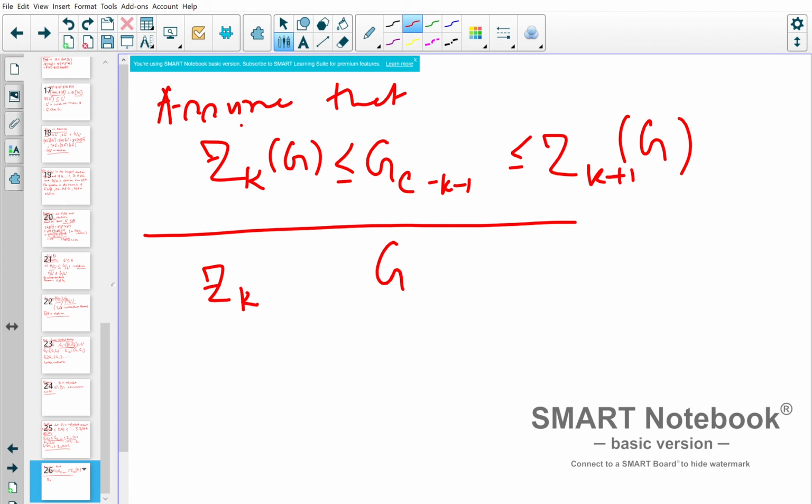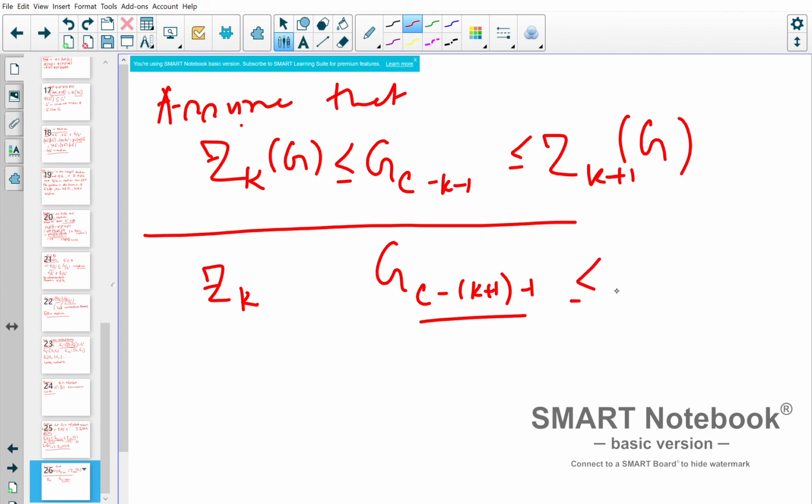So Z_{K+1} minus 1. What does that mean? That means Z_{K-2}, and Z_{K-2} should be inside, instead of K it will be K plus 1, say plus 2.